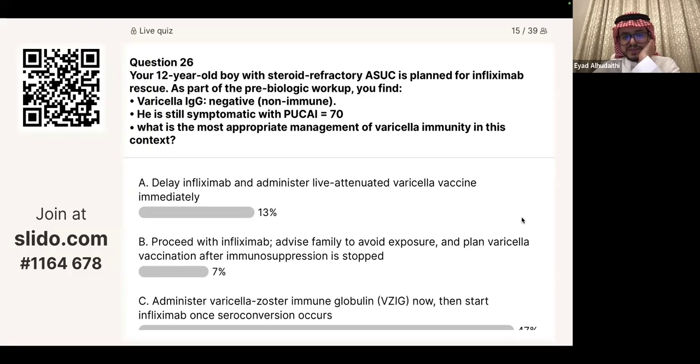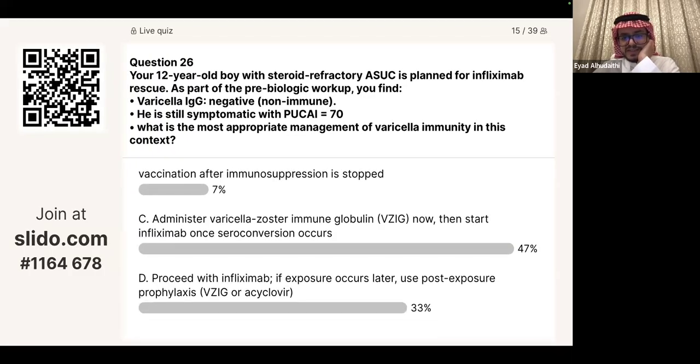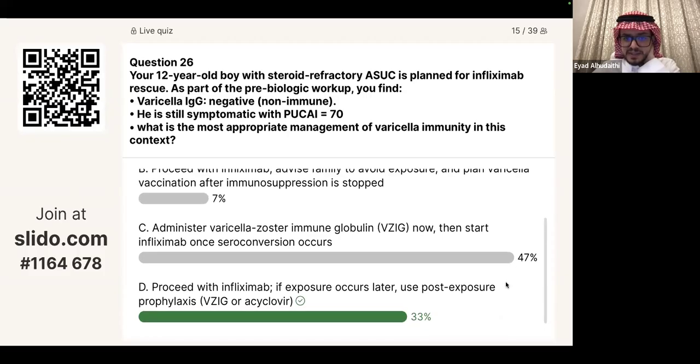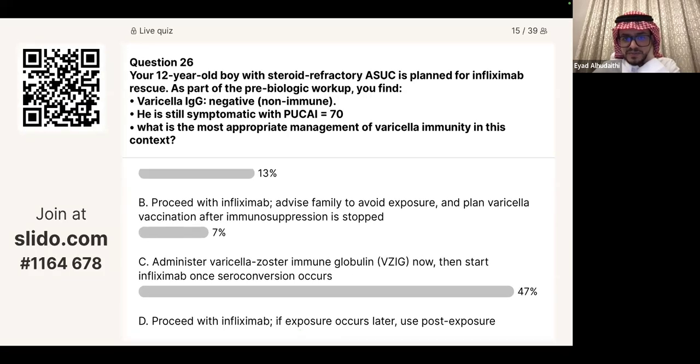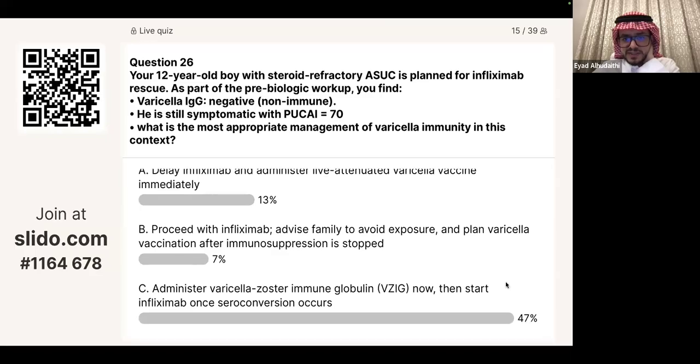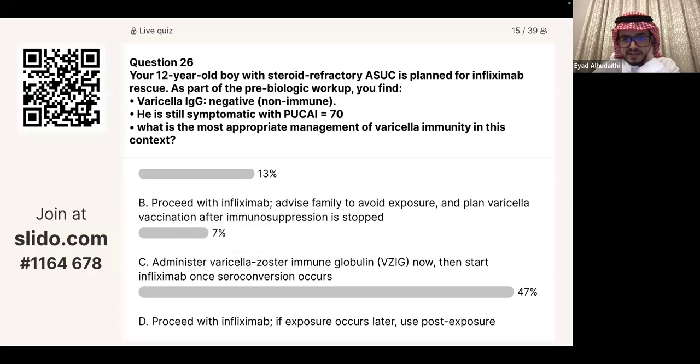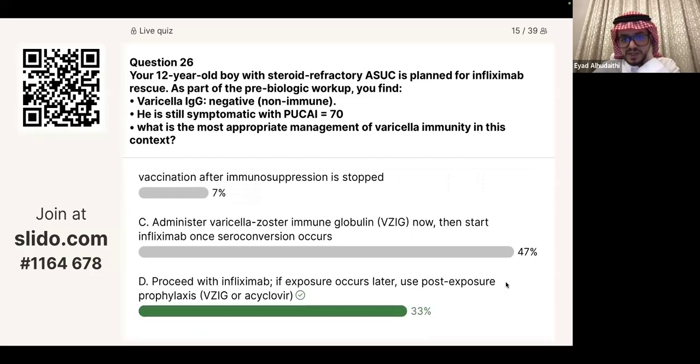So there is some debate between C and D, and the correct answer is D. So usually if the patient is sick with high Bucay and you are considering starting the biologic, don't wait for the seroconversion or to deal with the varicella issue now.